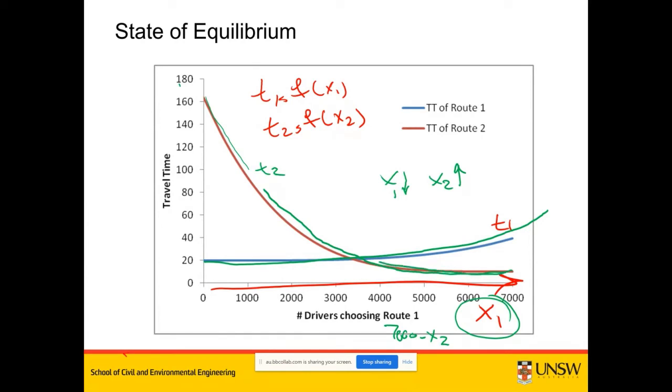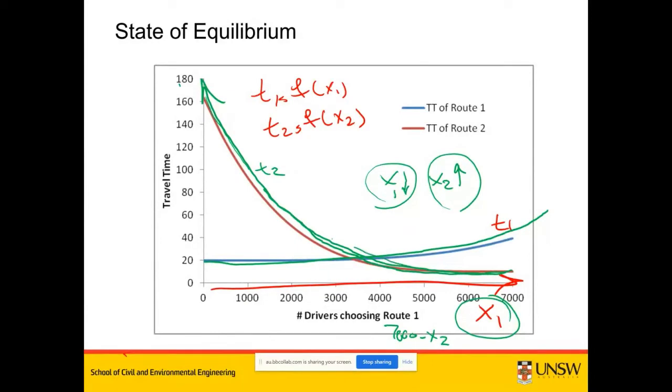So this travel time is actually increasing. As x1 goes down, travel time goes up for the other route.